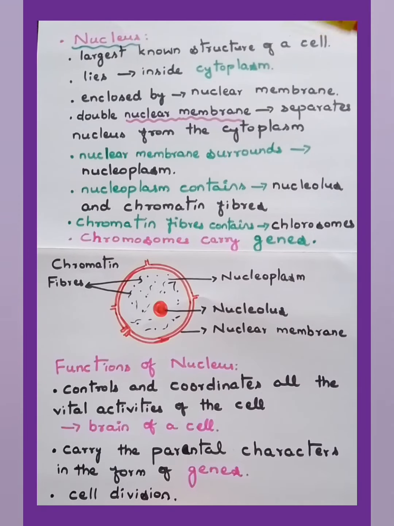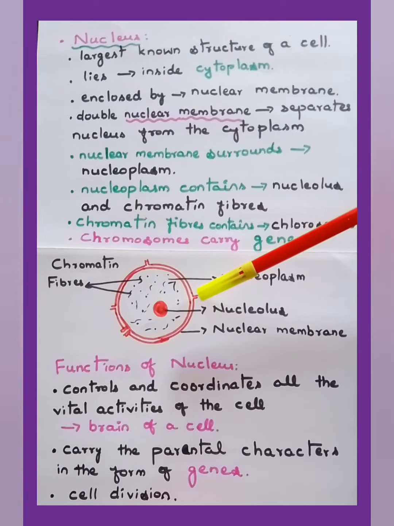Let us learn about nucleus now. Nucleus is the most important structure found in the plant cell as well as in the animal cell. It is the largest known structure of the cell. And nucleus, it's a dense spherical living body which lies inside the cytoplasm. The nucleus is enclosed by double membrane called nuclear membrane.